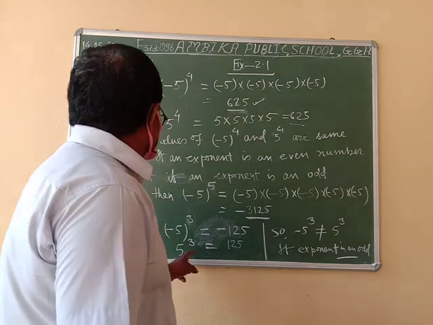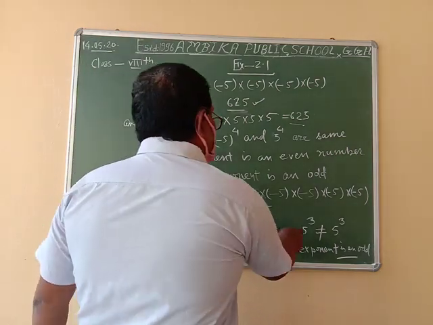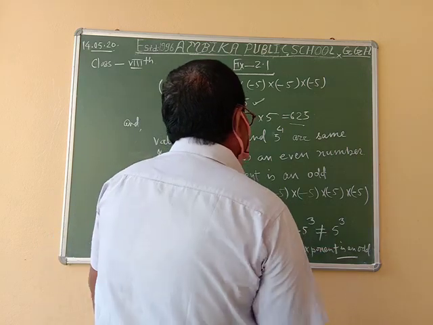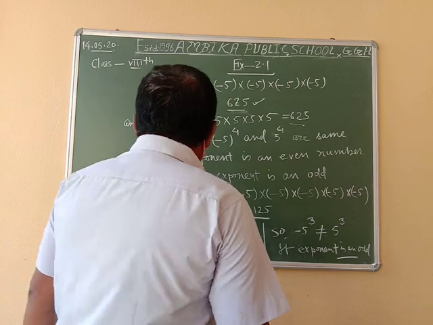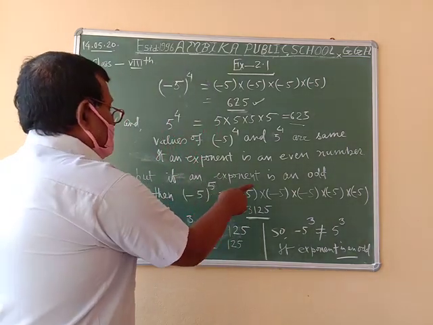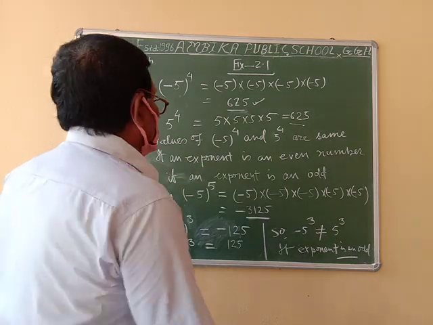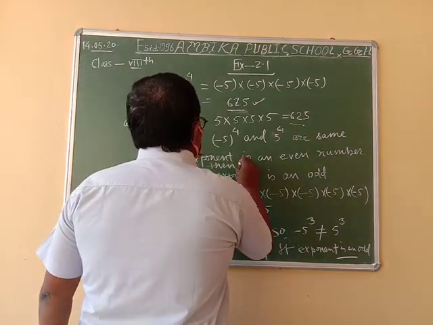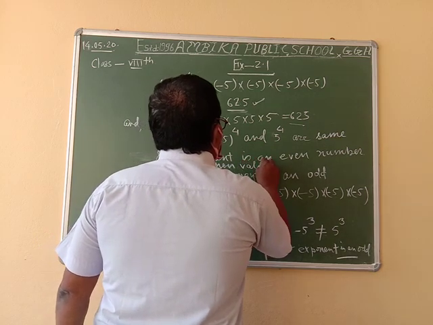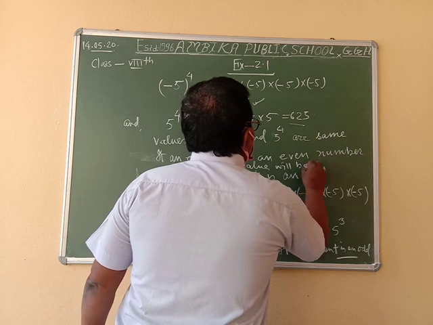and 5 to the power cube equals 125. So minus 5 to the power cube is not equal to 5 to the power cube. If an exponent is an even number, then the value will be the same.